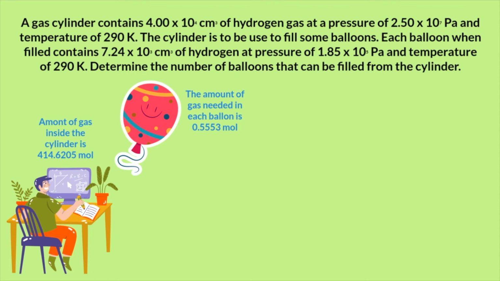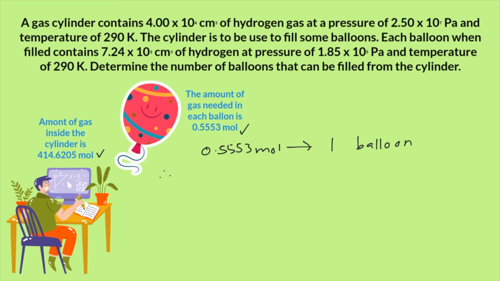Having done that, we know that the amount of gas in the cylinder is this much, and the amount of gas needed to fill each balloon is this much. So for one balloon, 0.5553 mole you can fill in one balloon. But how much do you have?